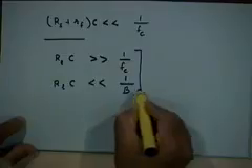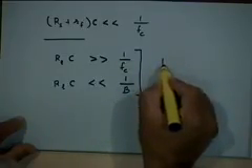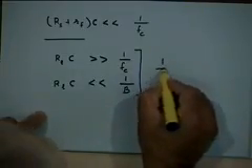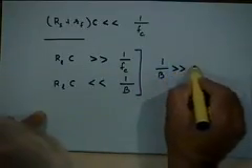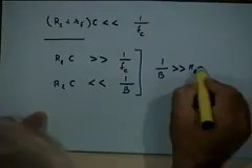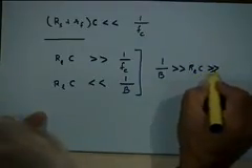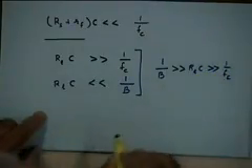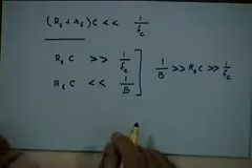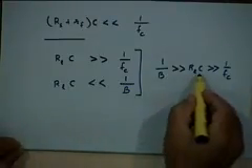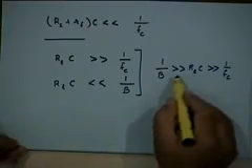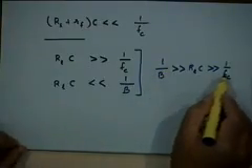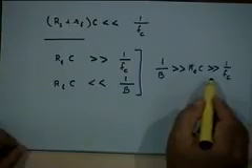These two conditions we can put together to say that the time constant R sub L times C should be much less than 1 by B, but should be much greater than 1 by FC.